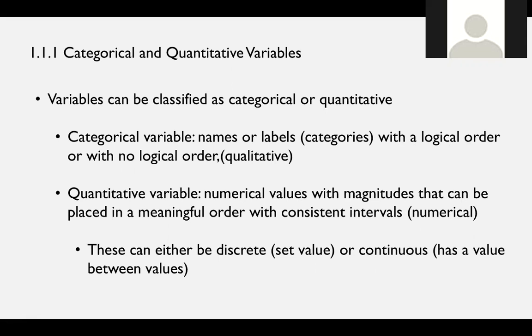An example I like to use for discrete quantitative variables is number of children per household, because that is a set number that doesn't have any decimals or fractions in it. And then a continuous variable like weight or height, 65.2 inches or 115.3 pounds, things like that for continuous.